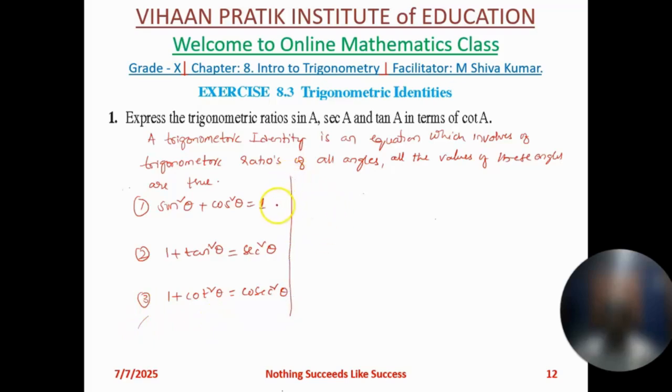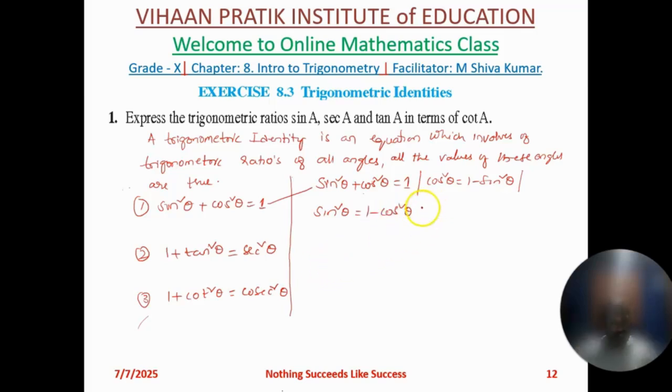Now we can rewrite this equation. Sin square theta plus cos square theta equals 1 is the same as cos square theta equals 1 minus sin square theta, which is the same as sin square theta equals 1 minus cos square theta.